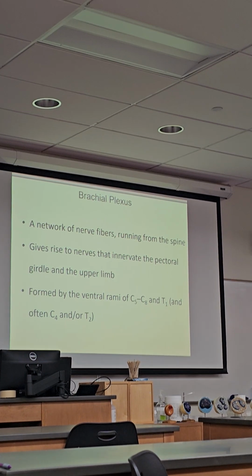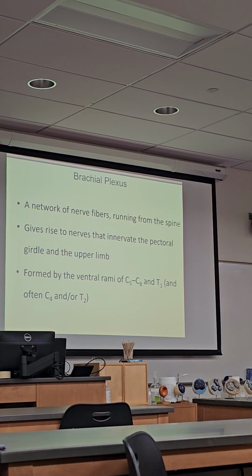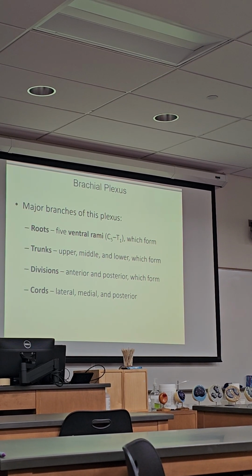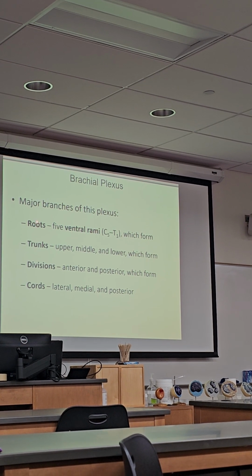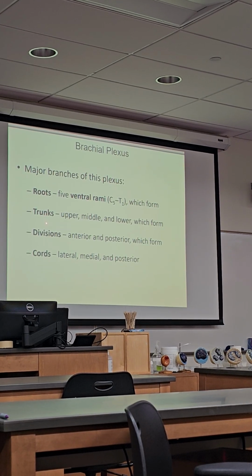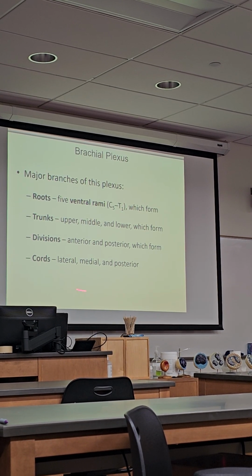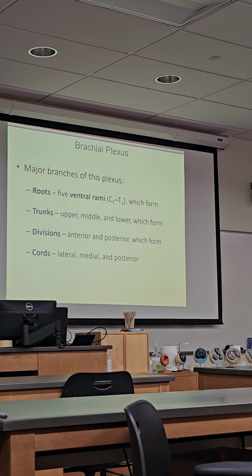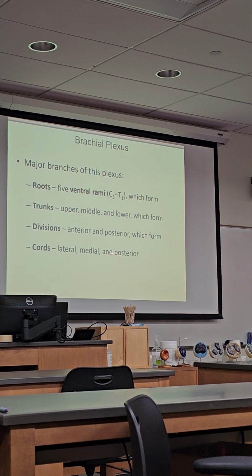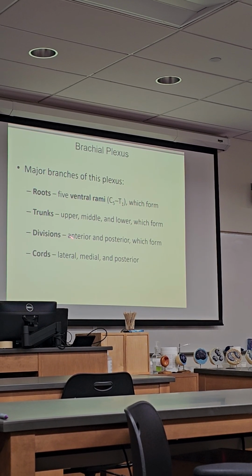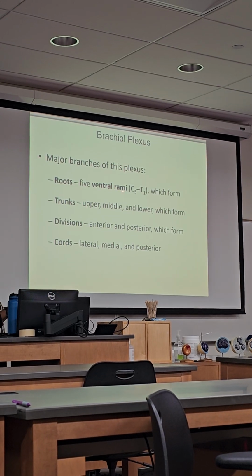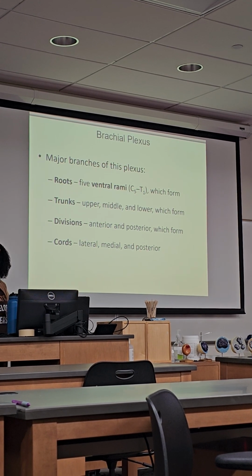Those are where they're going to form that big mesh until we get to finally the branches. And the mesh consists of the roots, trunks, divisions, and cords. This is what we're going to have to remember. So the roots are the ventral rami, C5 through T1.